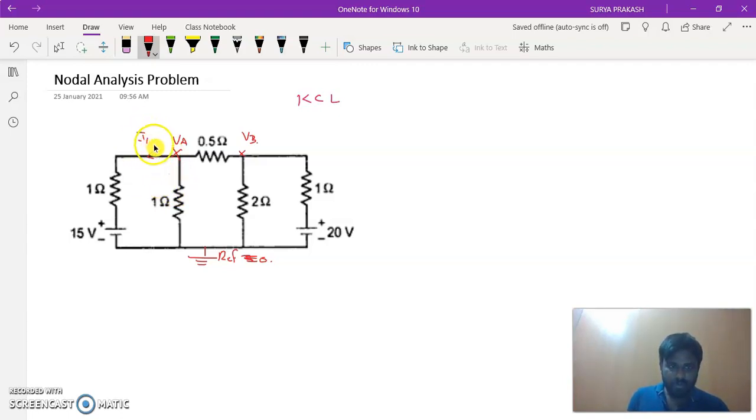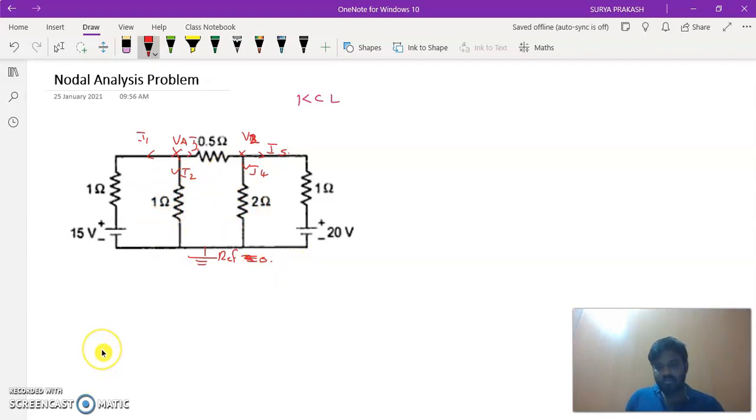This is I1, this is I2, and this is I3. Here for the VB node, this is I4, and this is I5. So this is basically the current convention for this circuit.